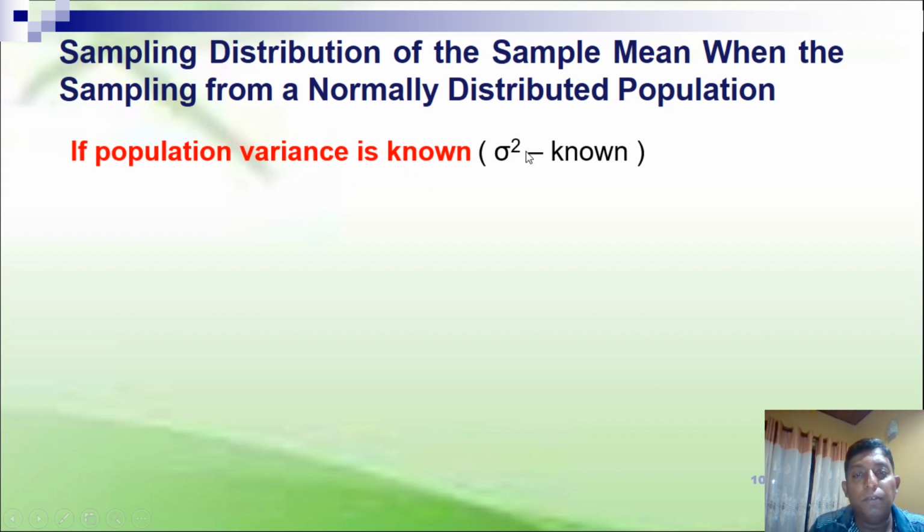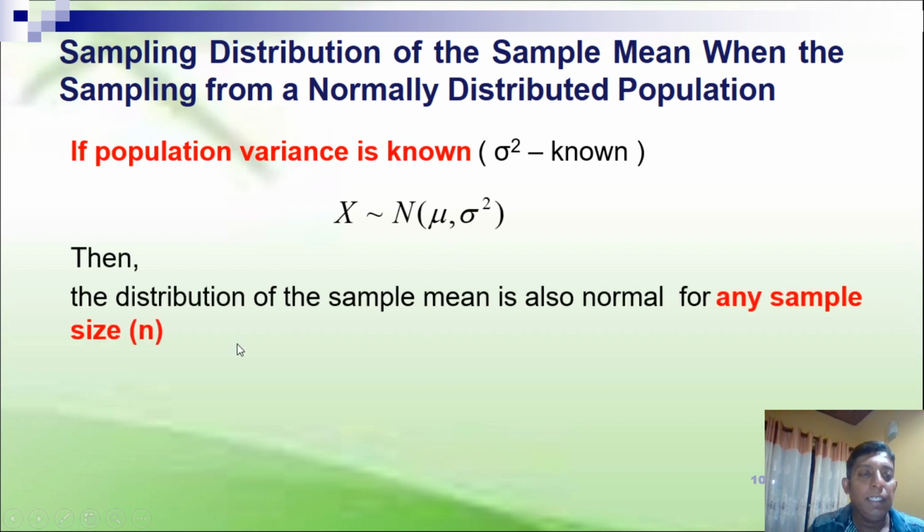X indicates the individual measures, and x follows normal with mean mu and variance sigma square. Then the distribution of the sample mean is also normal for any sample size n. No need to worry about the sample size because we obtain the sample from a normally distributed population.